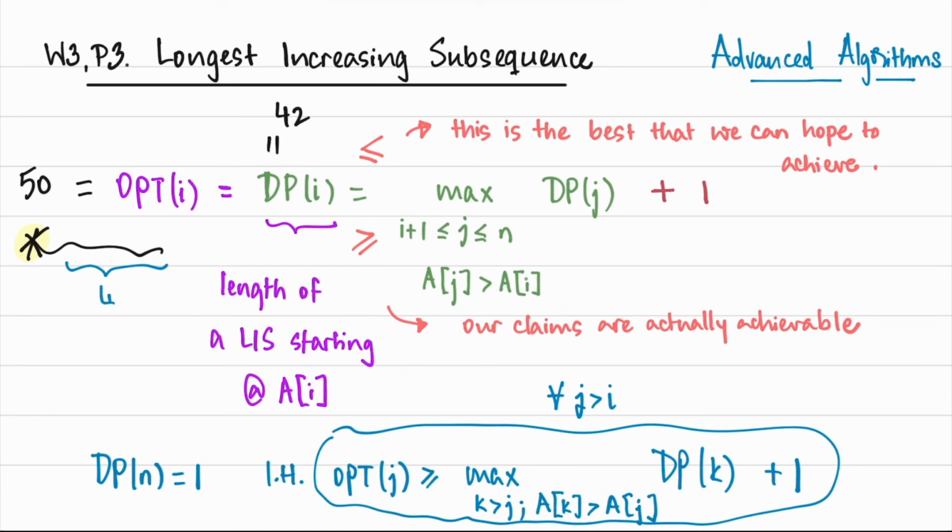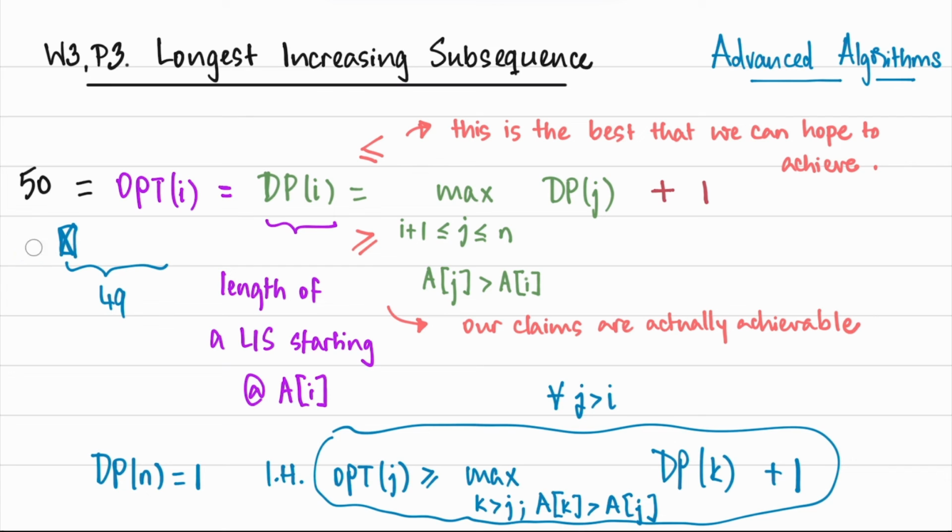I'm left with a 49 length sequence that starts at some a of j. But by the induction hypothesis, I know that my values are being correctly computed for all j that are bigger than i. So when I would have run through that specific j, I would have pulled out a value of 49. And so when I take a max over a bunch of numbers that involve 49 and 42, the max would not have returned 42, it would have returned 49. So that's the fairly straightforward contradiction here.